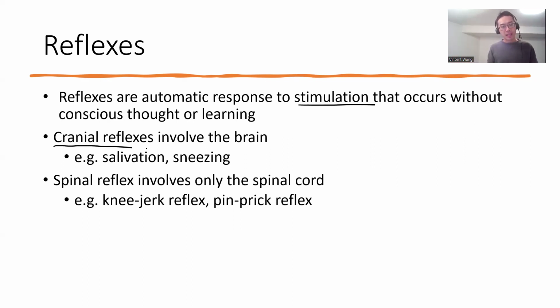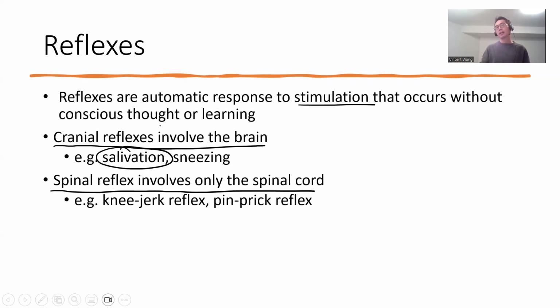There are some reflexes that involve the brain directly. We call those cranial reflexes. There are some reflexes that involve the spinal cord only, and we call those spinal reflexes. An example of a cranial reflex would be salivation. This is particularly true when you are hungry.